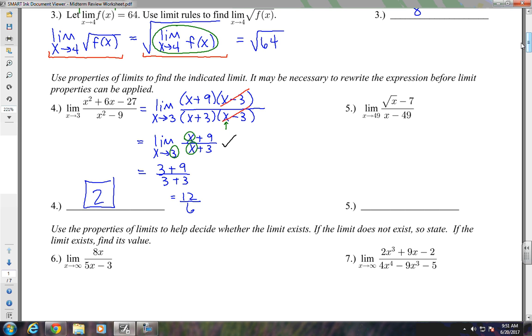So what I'm going to do is carry my limit operator until I'm ready to actually evaluate, but I'm going to rationalize the numerator. So here's the original problem. I'm going to multiply the top and the bottom by the conjugate of that numerator.